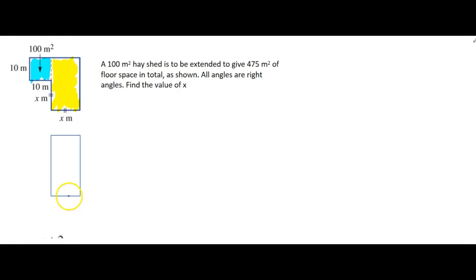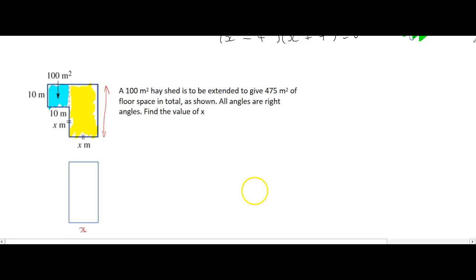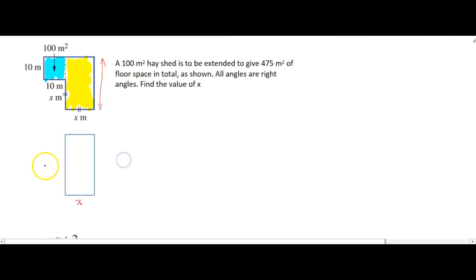Okay, so the first thing we work out is that the bottom bit here is going to be x, and we know that this total length here is going to be x plus 10, because this length here is x and this is 10. The other thing we need to know is the area of this.